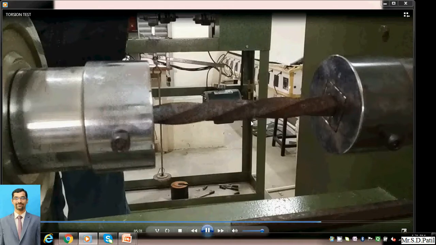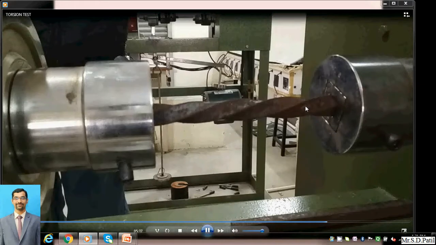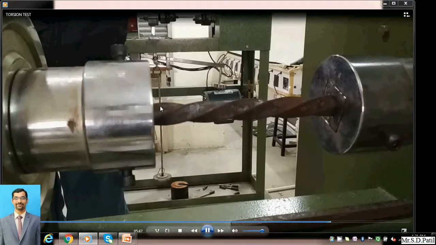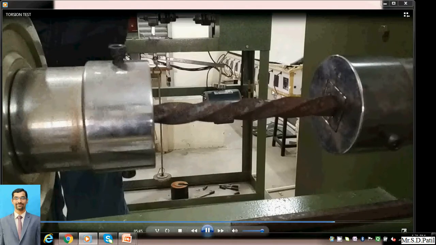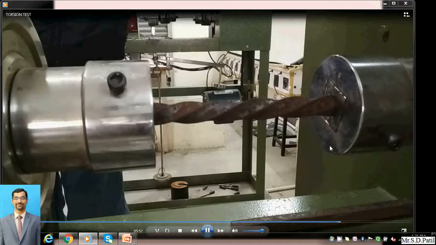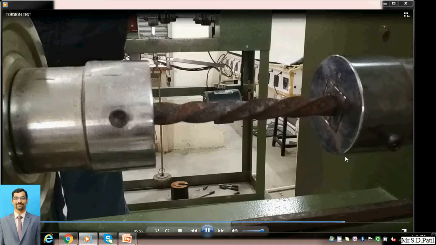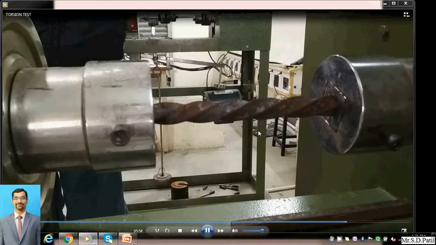So we are applying this phenomenon in our day-to-day life also, but here we can see the torsional pattern we are getting, whatever the particular point is, that has been shifted somewhere else, and this twisting has occurred in the component. The torque is gradually building, and at some point we will get the failure of that component.